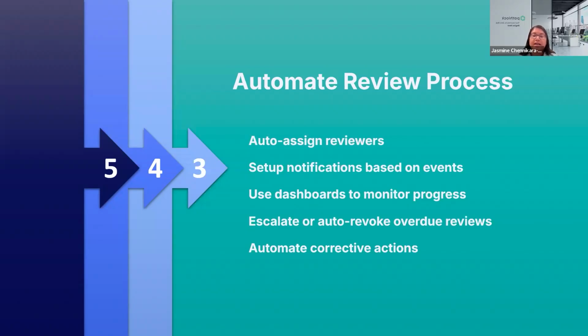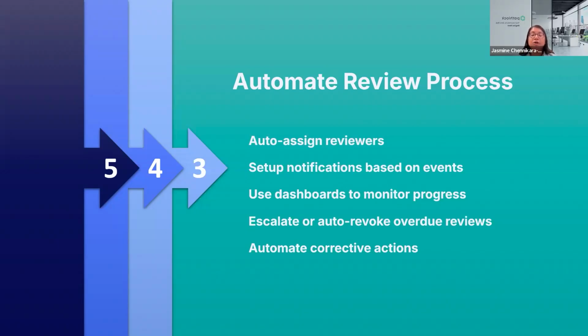So when a review is assigned, the reviewer gets notified. If they miss the deadline, they get a reminder. If it's still not done, maybe you automatically escalate that review to someone else, or you automatically revoke the access. And it's not just stopping at the reviews and collecting the decisions.